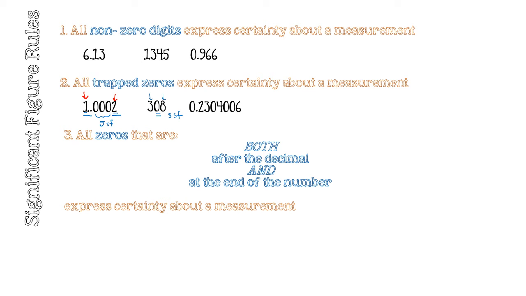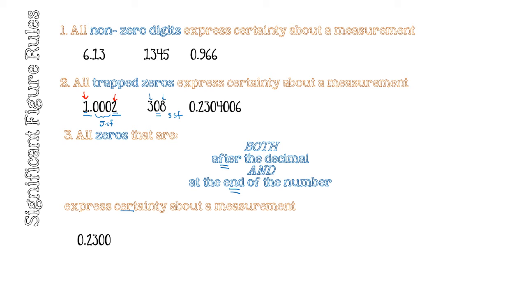The last rule is the one that's a little bit crazy. Both parts of this rule have to be true. Zeros that are after the decimal and at the end of the number, both have to be true. Those are significant digits that express certainty about a measurement. So let's see what that looks like.